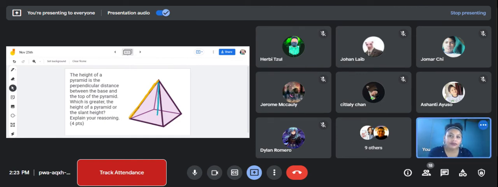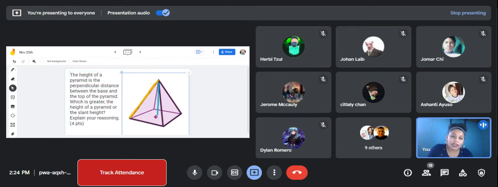Okay, the slant height is the longest, and just by looking at the dimensions of the triangle, we can see it. Geometrically, the slant height will always be the longest, even if we would play around with the shape. The reason is because of this fact right here: perpendicular distance.